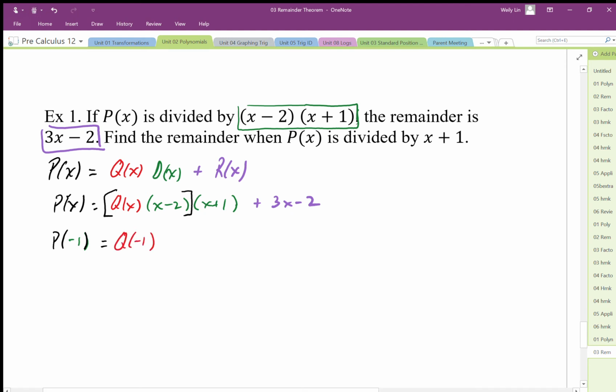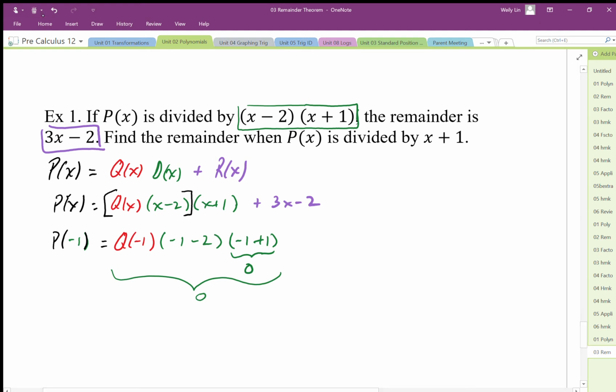Again, I have no idea what q of negative 1 is. I can plug negative 1 into this term, so negative 1 minus 2. And the key here is that when I plug negative 1 into this term, that generates a factor of 0, and anytime you multiply by 0, the whole expression becomes 0.